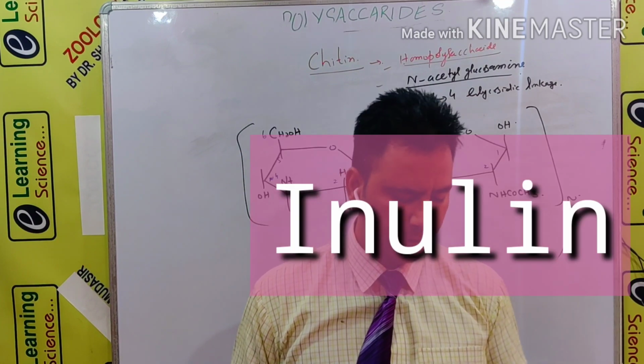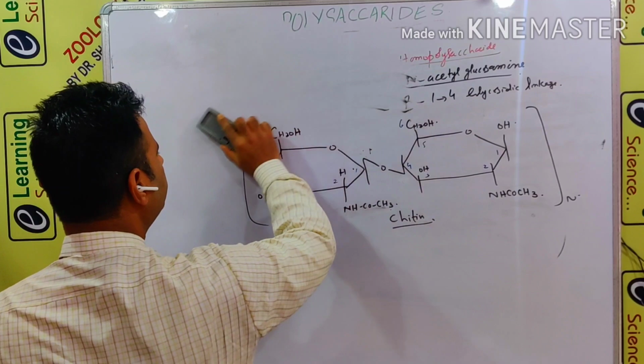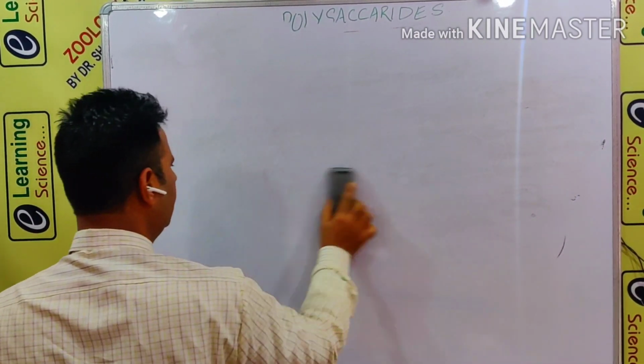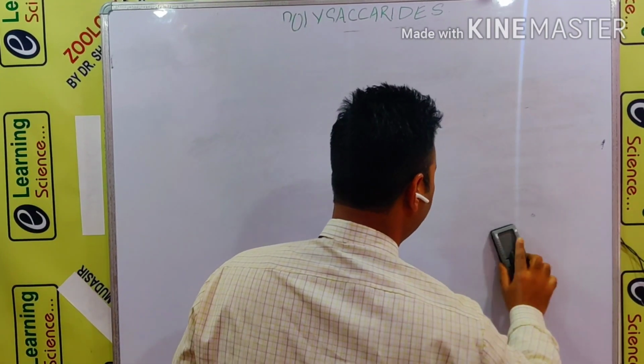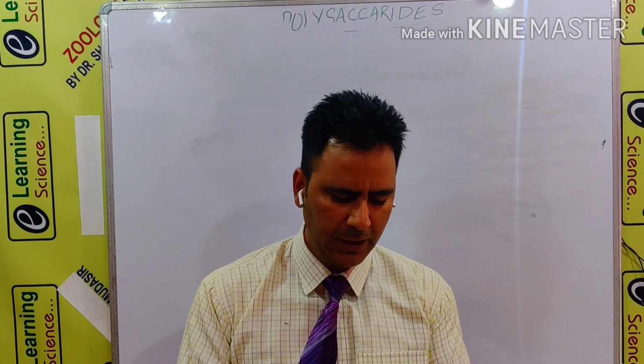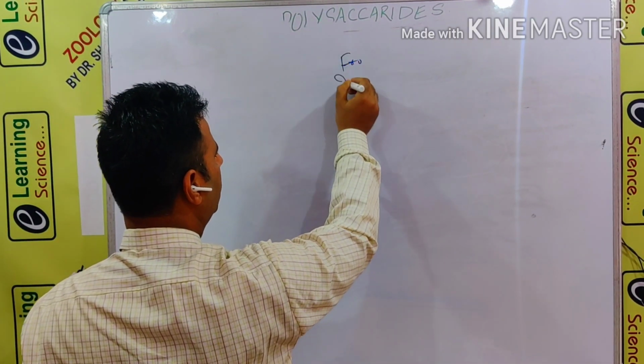We have one more homopolysaccharide, inulin. Inulin is a fructosan. It is a homopolysaccharide, made up of only one type of monomeric unit, and the monomeric unit is fructose.